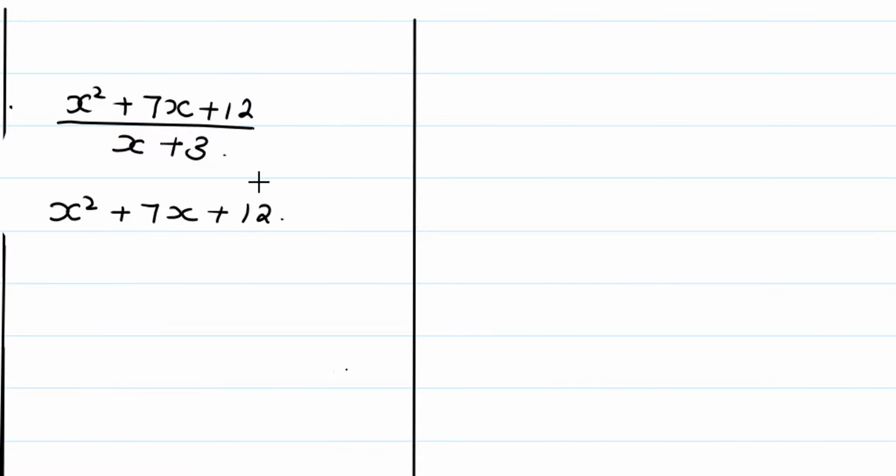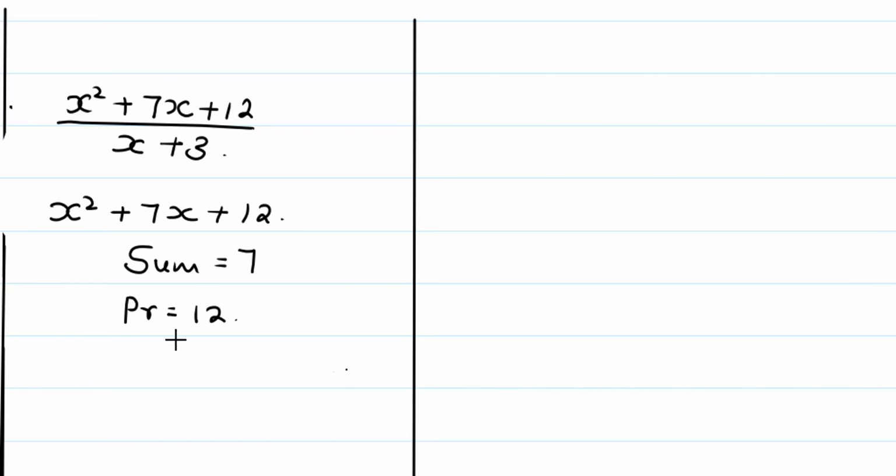So I want to look for two numbers such that when I add those two numbers, I'll get a sum of 7, this coefficient of x here, and when I multiply them, I'll get this constant here, which is 12. So two numbers such that when I add them, I get 7.